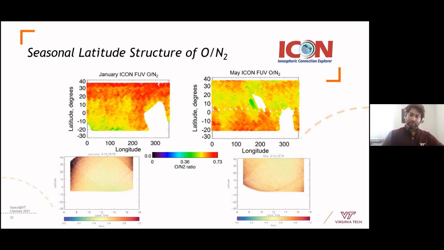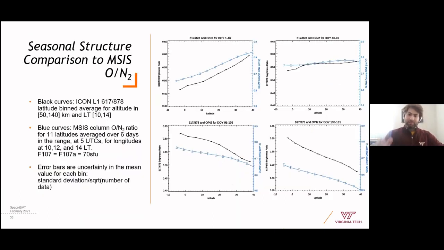But since we're doing an almost climatological comparison over a long period of time, we figured it would also be good to compare to MSIS, which is a climatological model of the atmosphere. So what we have in blue here is the MSIS O to N2 ratio at a given local time and latitude range for certain sections of the year.